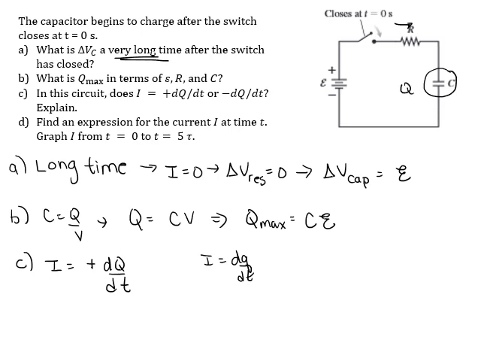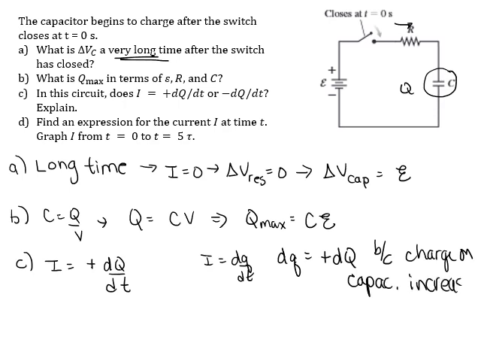So we have a charge Q on our capacitor plate. When we increase that charge by a little bit, that's when we get a current flow. That's because the charge on the capacitor is increasing. So that's where that plus sign comes from. I know that tends to get a little bit tricky for people.